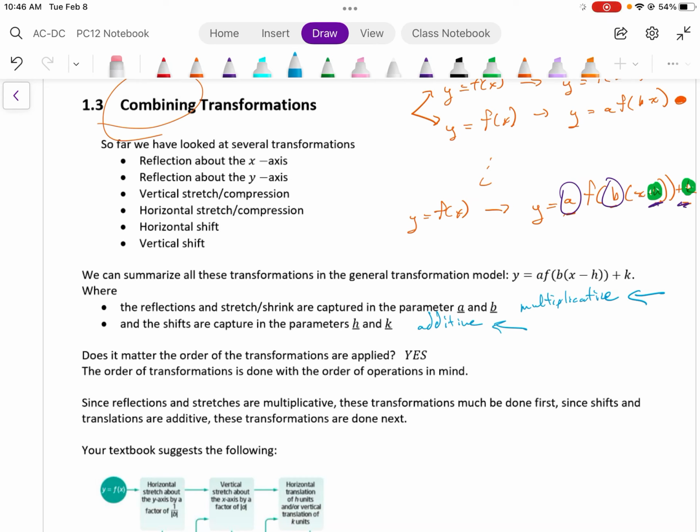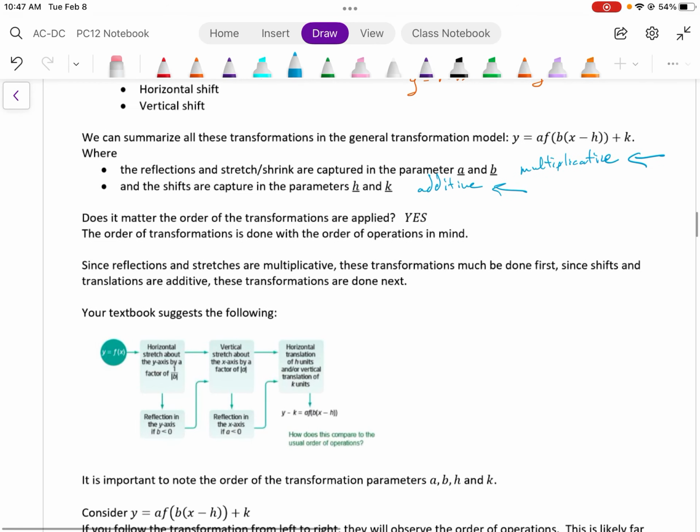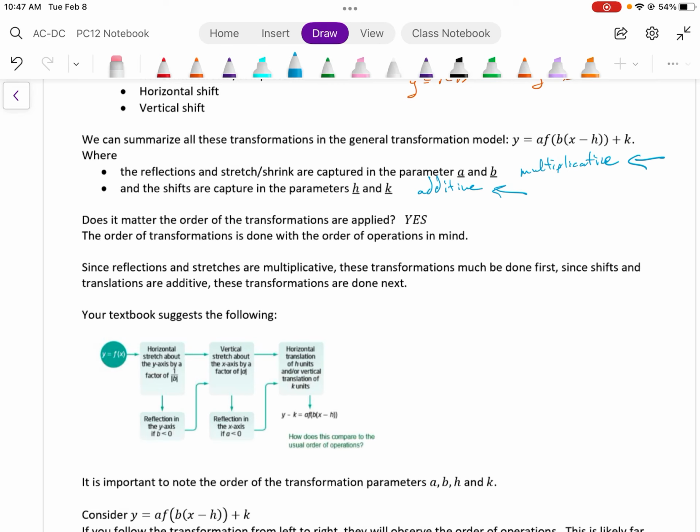So we tend to do the multiplicatives, or the stretch and reflections, first, and then we do the shifting. Since reflections and stretches are multiplicative, these transformations are done first. Since shifts and translations are additive, these transformations are done next.